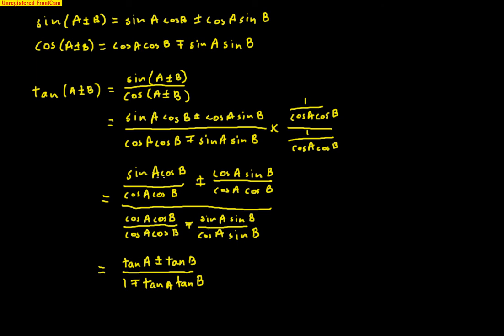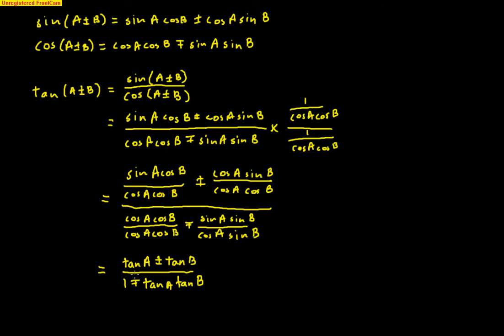Now, cos B over cos B, they're both going to cancel, but sine A on cos A becomes tan A. Plus and minus, same thing. Same thing with cos A and cos A: they're going to cancel, leaving sine B on cos B, which is tan of B. Over cos A cos B over cos A cos B becomes 1, because they're the same thing, top and bottom.